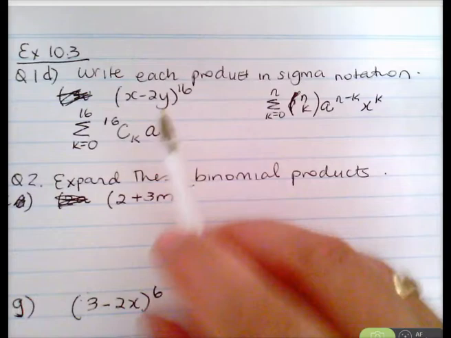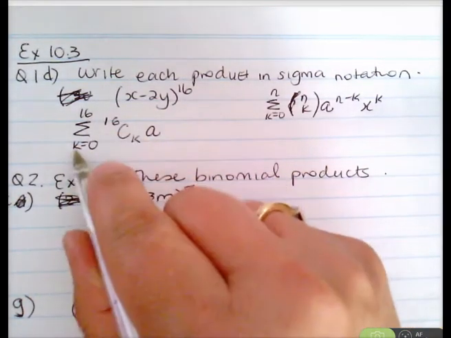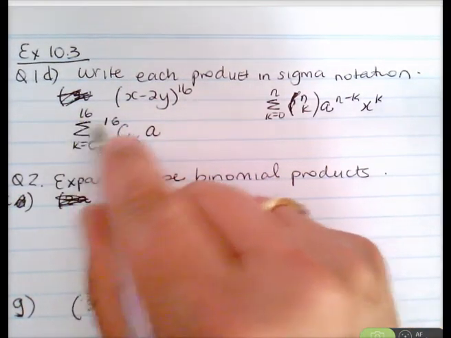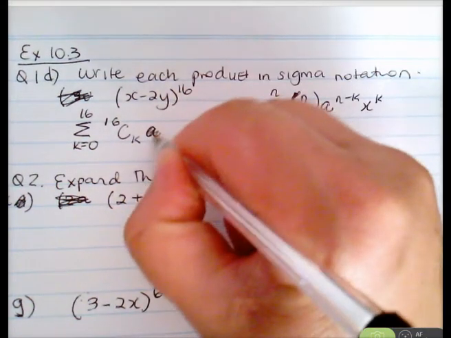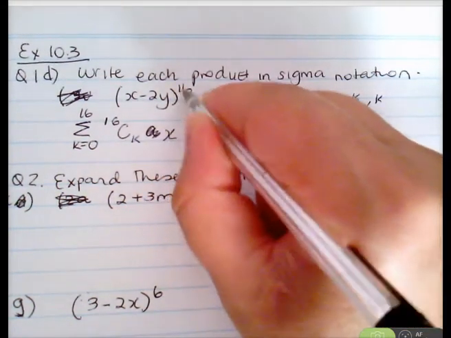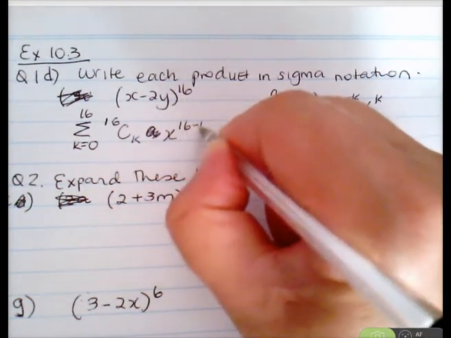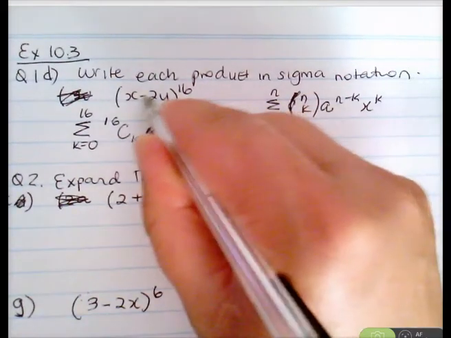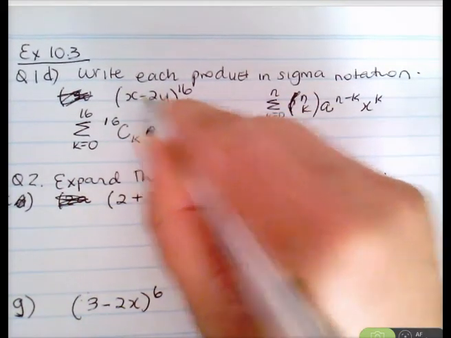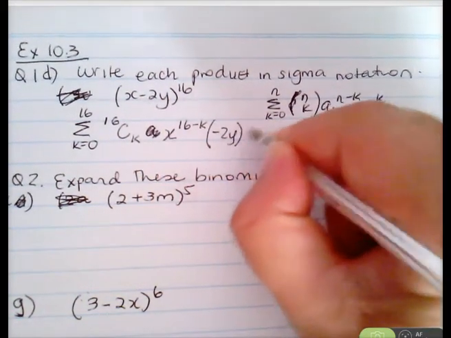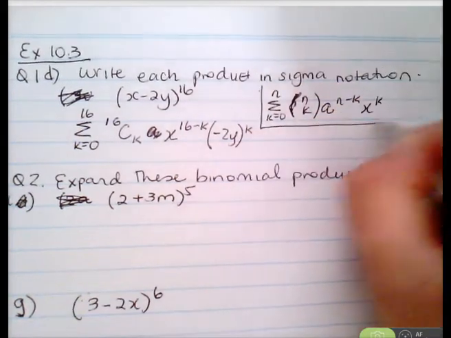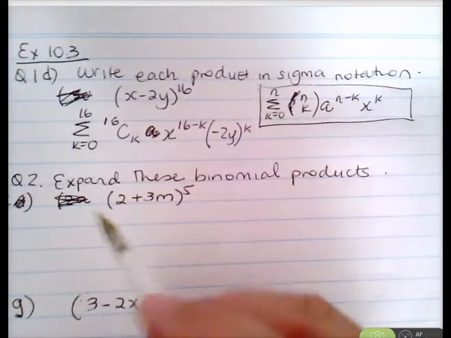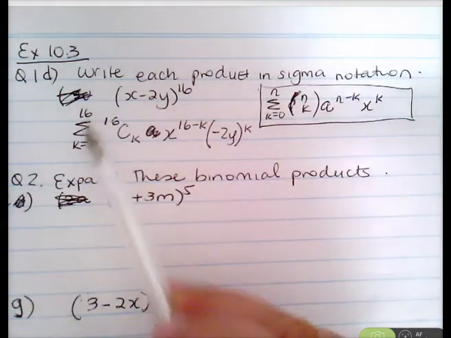So using that here, we've got the sum from k = 0 to 16 of 16 choose k. A in this case is x to the power of 16 minus k. And for our second term, we've got negative 2y, and that's negative 2y to the k.